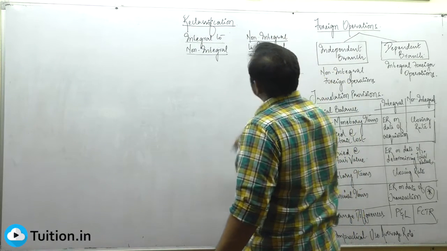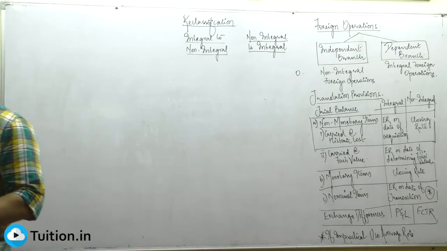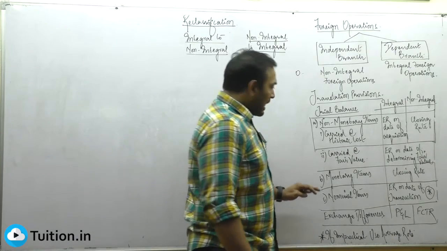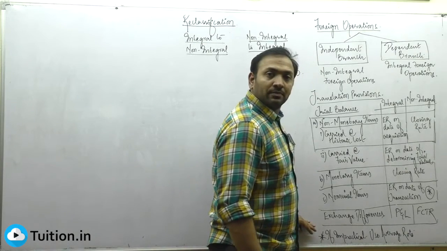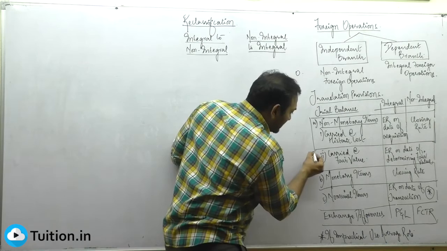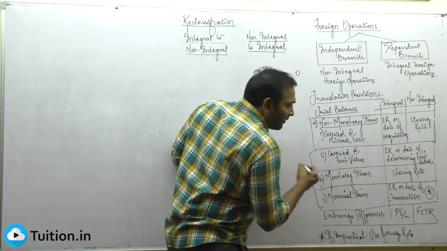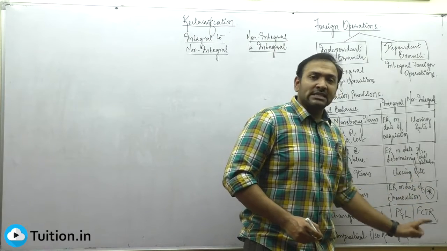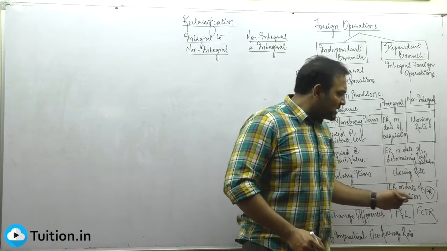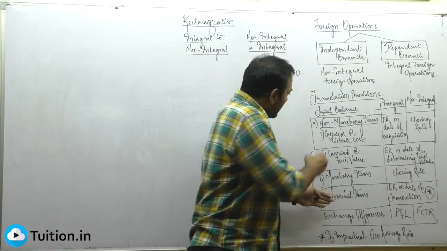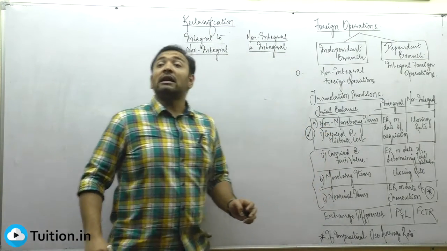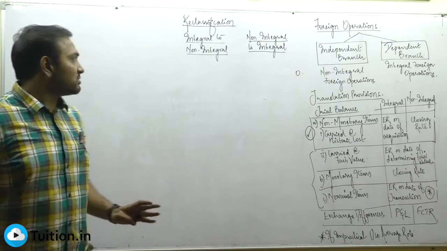What is the item which is a point of discussion now? Whenever you reclassify, I don't have a problem with these items, because these items from here till here, whether it was integral or it was non-integral, I was using the same exchange rate. So these won't change. My problem is only arising with respect to non-monetary items carried at historic cost.